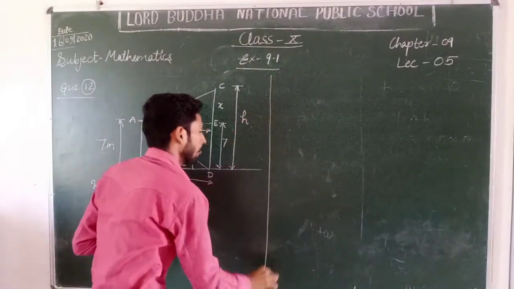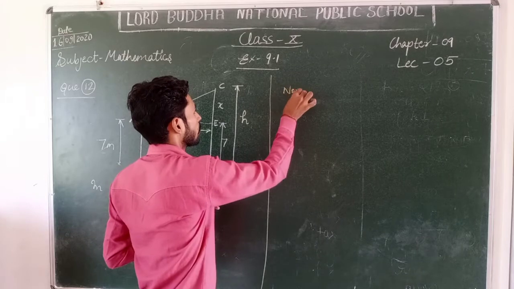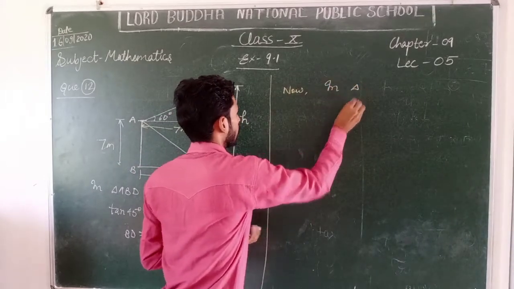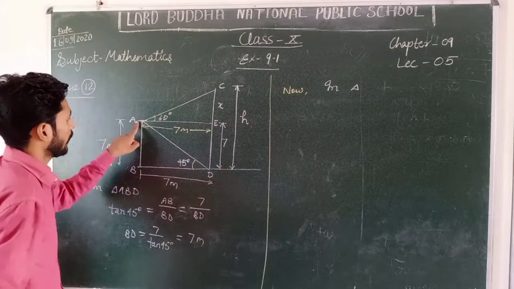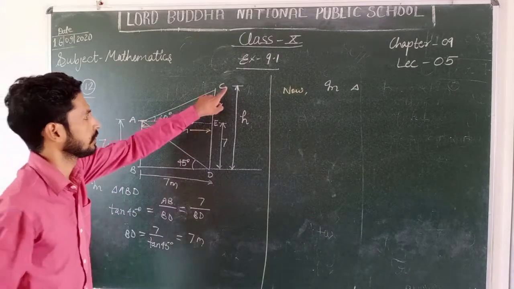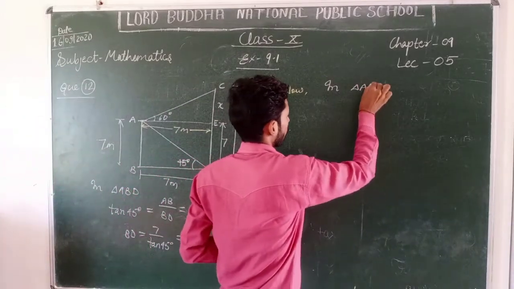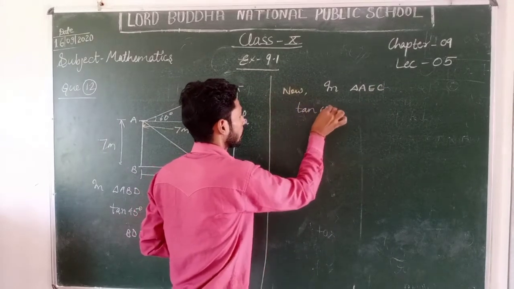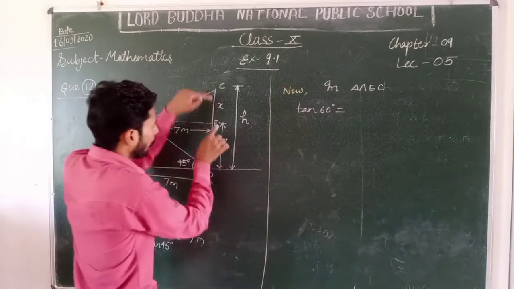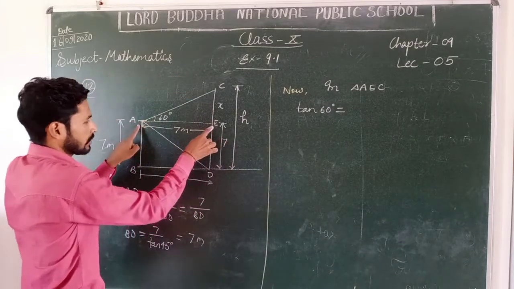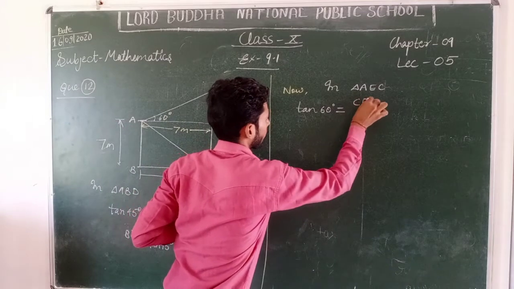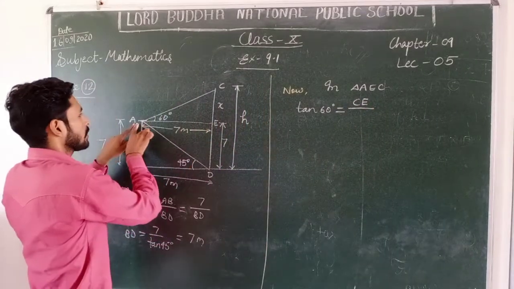Okay. Now in triangle AEC, tan 60 degree is equal to perpendicular upon base. Perpendicular is CE upon what is the base?